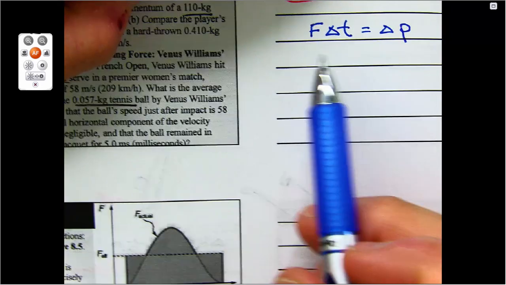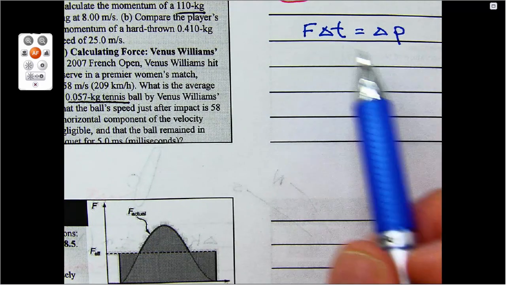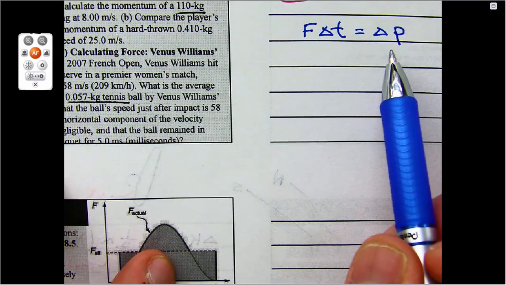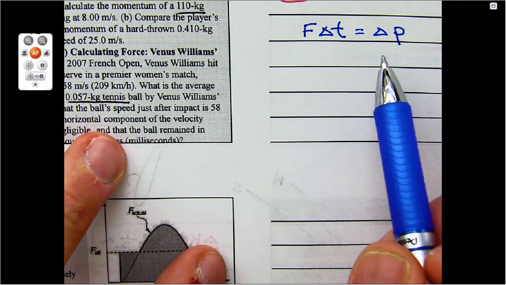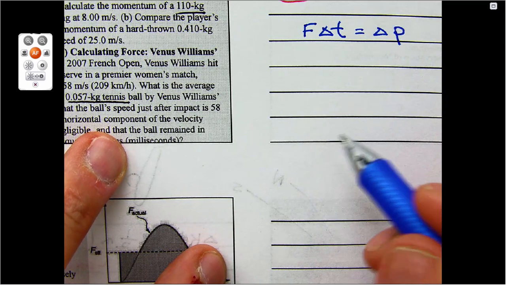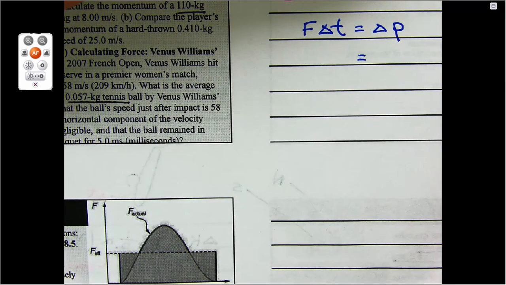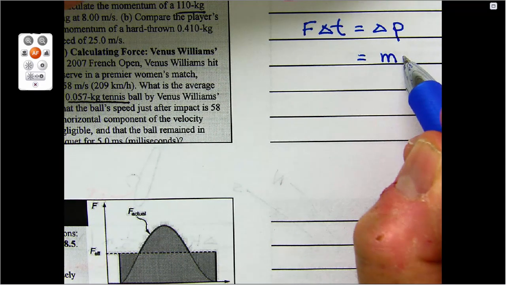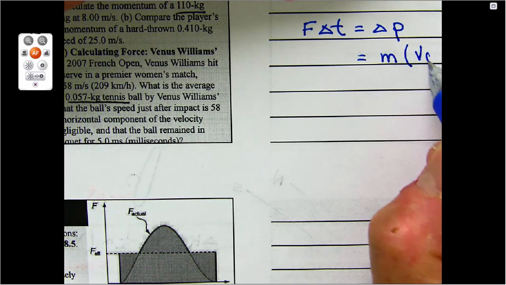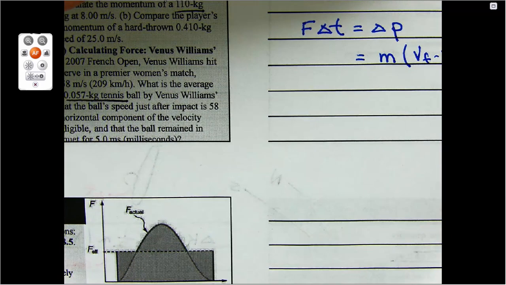The force times the contact time is equal to our change in momentum. Now, P is always momentum, and momentum is always, if it changes, it's going to be mass times V final minus V initial.